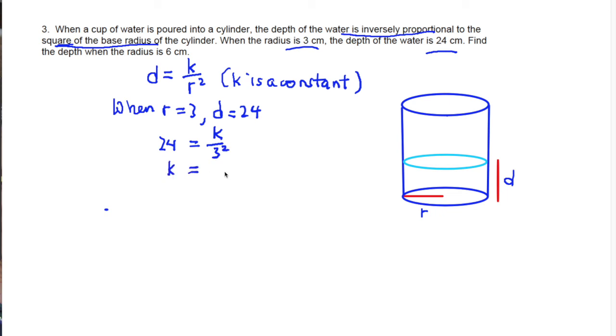K is found to be 216. Once we have found K, then we will know the equation, which is D equals 216 over R square.